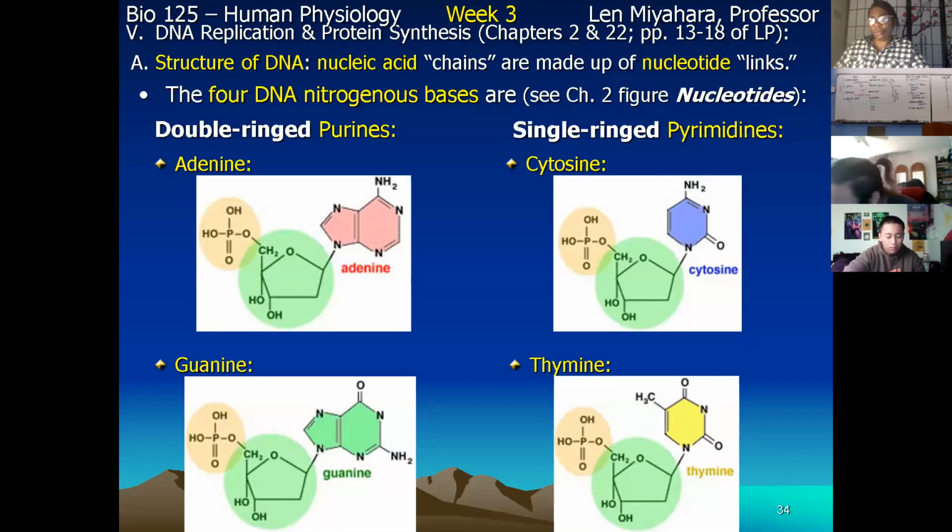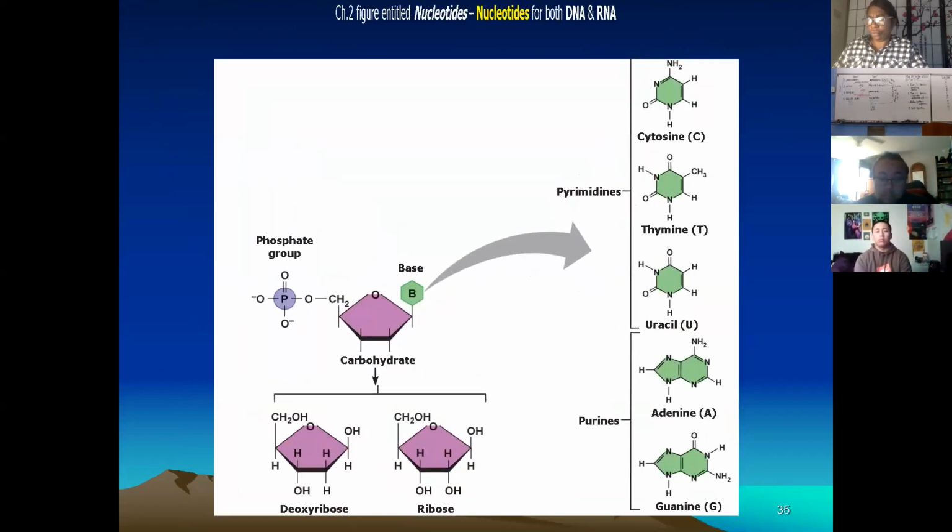Now, for lecture exam 1, you do not have to know the exact chemical structure of adenine versus guanine or cytosine versus thymine. I will make you identify purines and pyrimidines. And it's easy. It's either double ringed or single ringed. Okay.